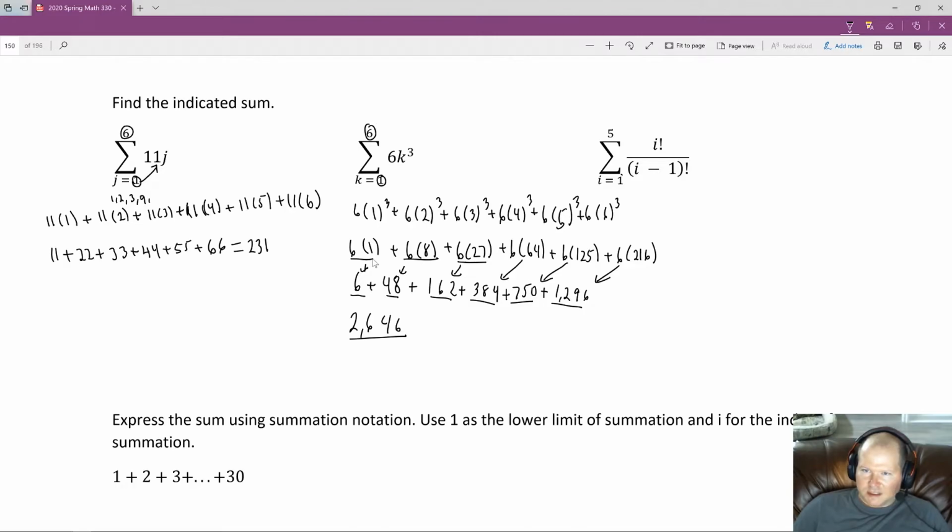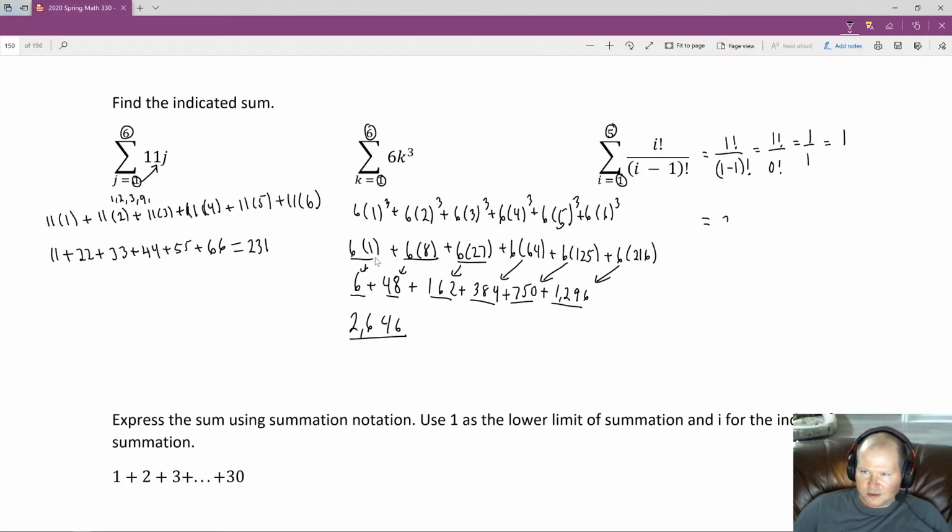Okay, so now this is the same kind of pattern, except we're going to stop at 5 in this one. So we're going to take the first one, which is 1 factorial over 1 minus 1 factorial, which gives you 1 factorial over 0 factorial. 1 factorial is 1, 0 factorial is 1, 1 divided by 1 is 1.